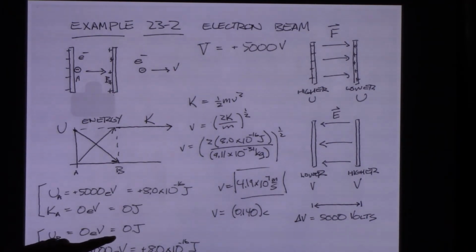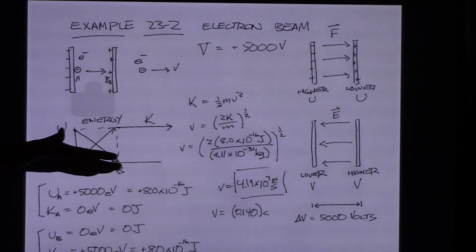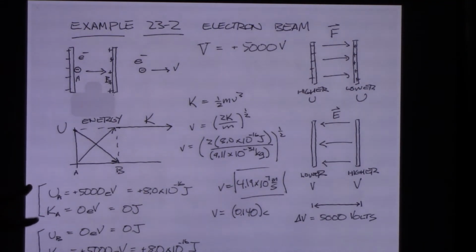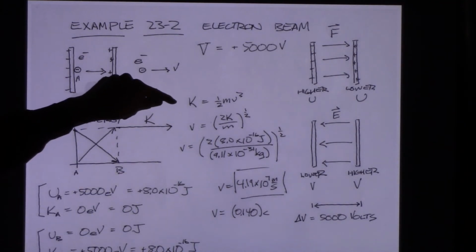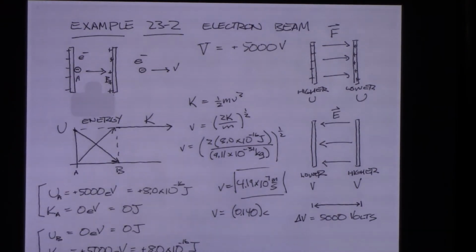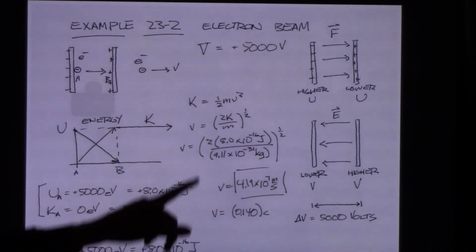So that leaves us with no potential energy. Everything has been converted to kinetic. So the difference in potential energies between the two plates tells us how much kinetic energy the electron will have as it exits. Now I can go back to Physics 4A and write down formulas for kinetic energy, 1/2 mv squared. Solve for v.